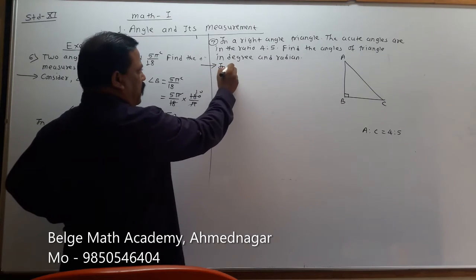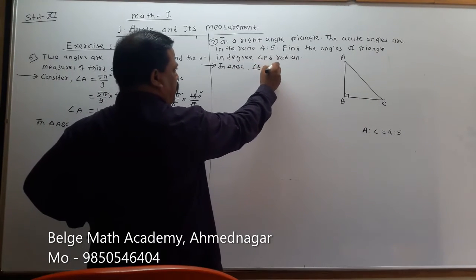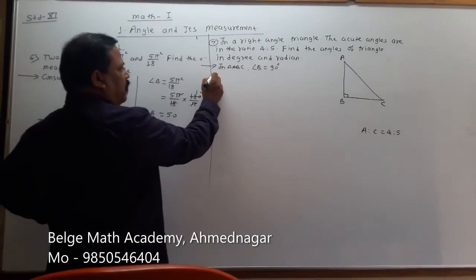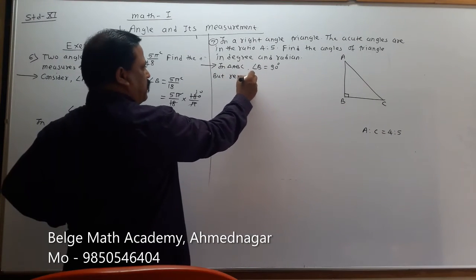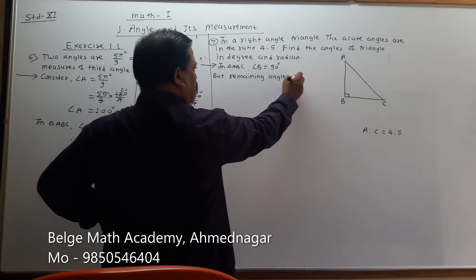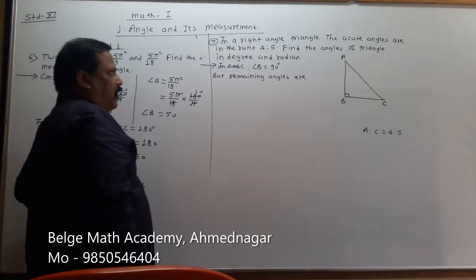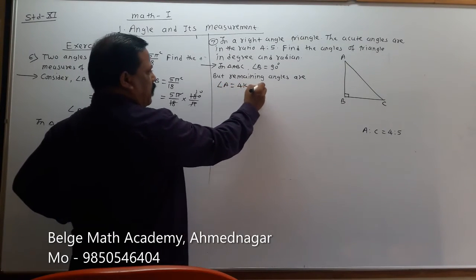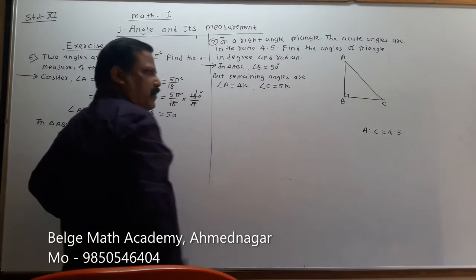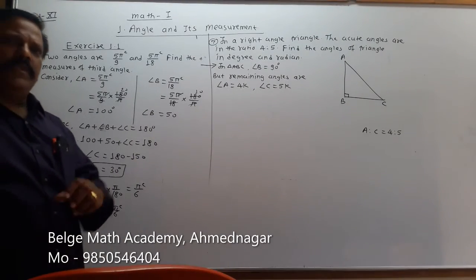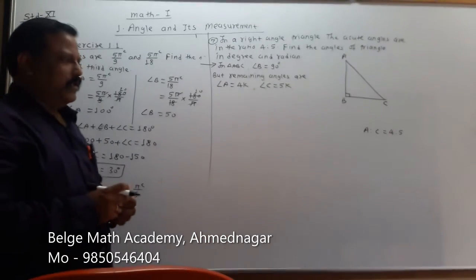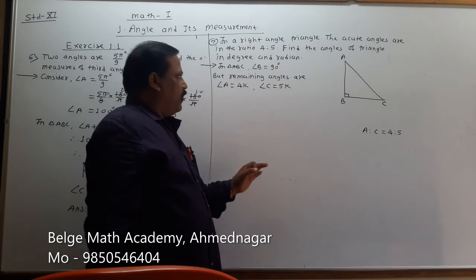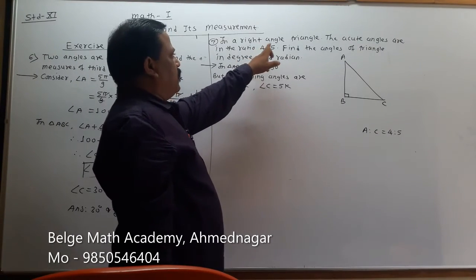Draw the figure. In triangle ABC, angle B is equal to 90 degrees. But the remaining angles are: angle A equals 4K and angle C equals 5K. If angles or any numbers are in a ratio, and we are solving such examples, we take a constant multiple K, and this K is multiplied to the 4 and K is multiplied to the 5.